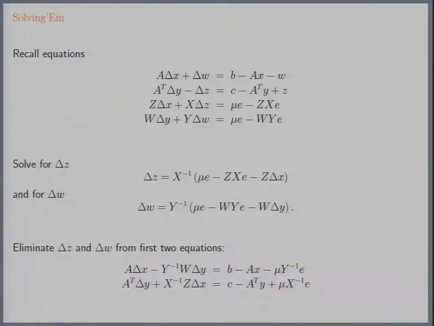Also, I'm assuming equality constraints, which means W is equal to 0. Let's also assume that we had a feasible initial solution. So we're doing something analogous to the primal simplex method.